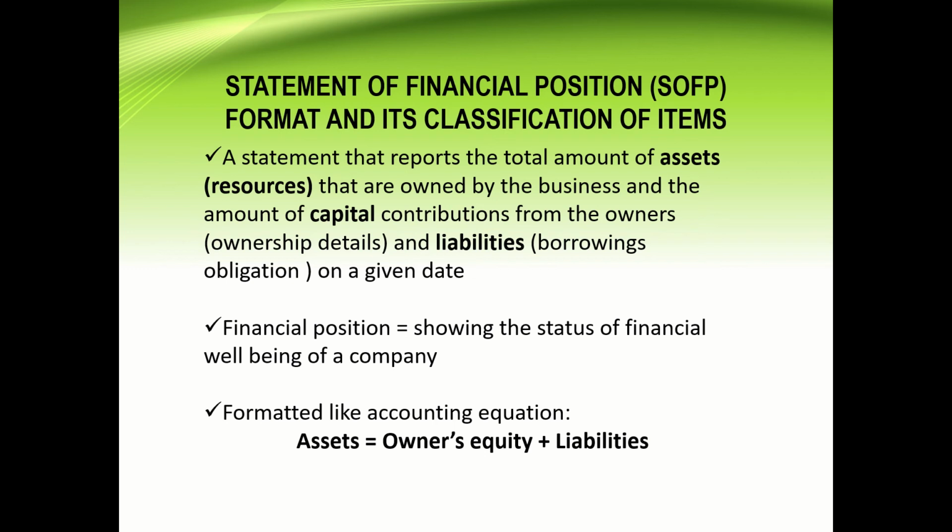Statement of financial position is used to show the status of financial well-being of a company, and it is formatted like the accounting equation. So, the accounting equation that is represented in the statement of financial position is asset equal to owner equity plus liability.